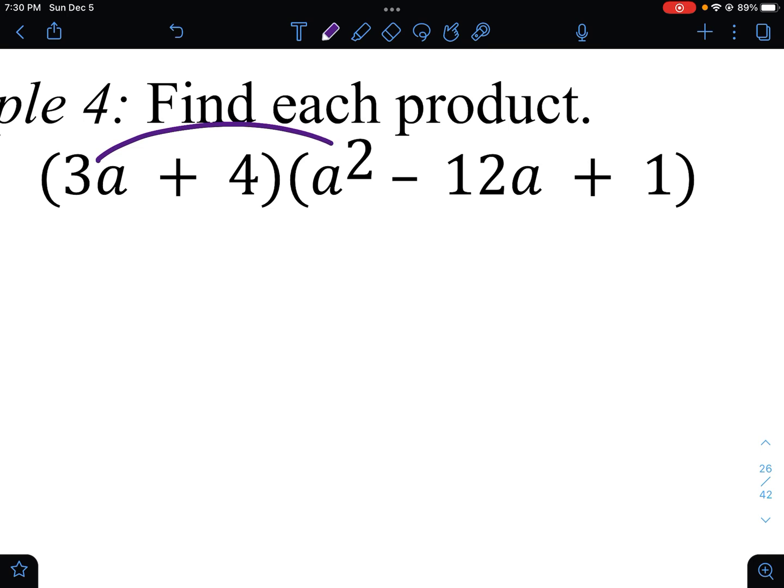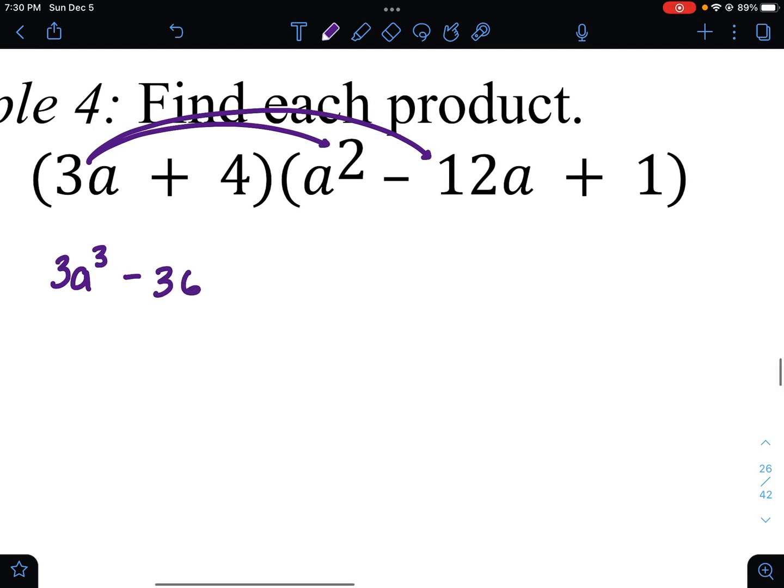All right, so I need to take 3a times a squared. So I have 3a cubed. Do not forget about your rules of exponents. Minus, and I'm doing minus because I see that. 3 times 12 is 36. A times a is a squared.